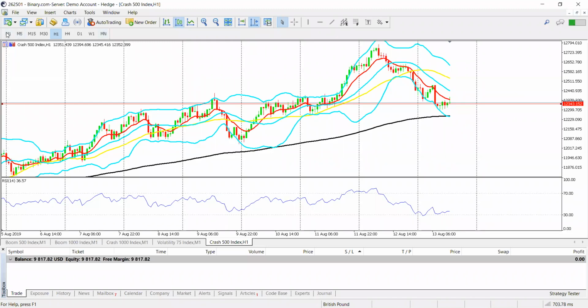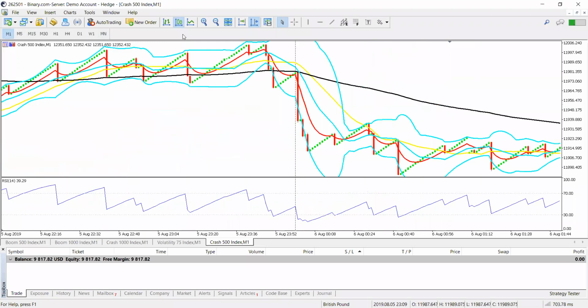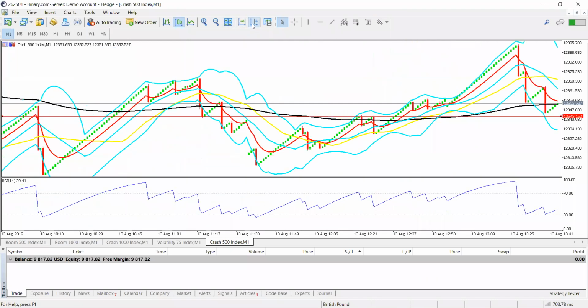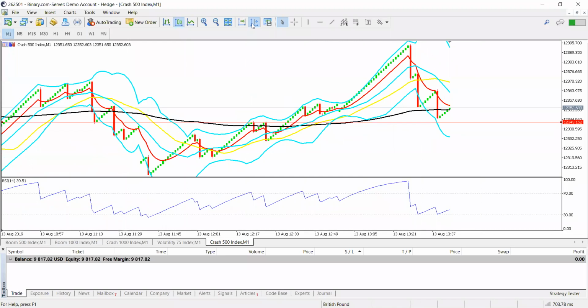Okay, so let's go back to our 1 minute time frame, because this is where we do entry points. For the people who have got little capital, low funds, you trade on the 1 minute time frame, because you don't want to sell here, and then you find that you are losing money going up, losing money going up, and selling again, losing money going up.